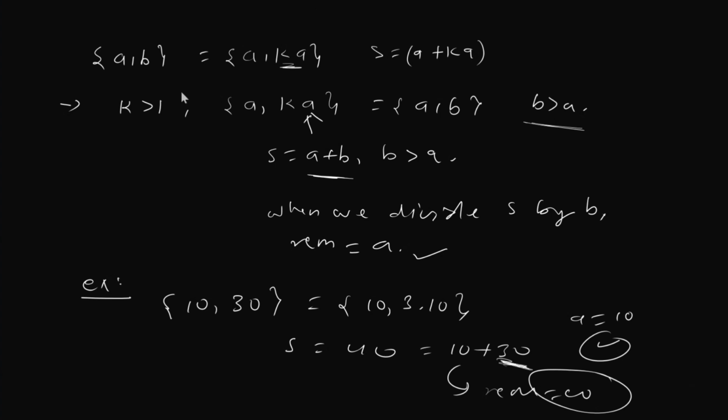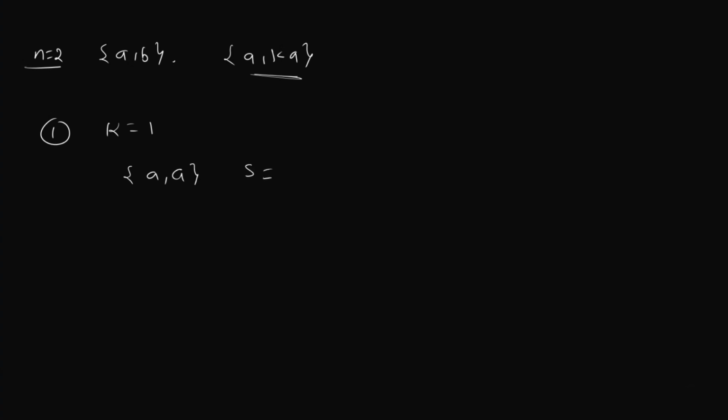So what other value can we have? Now, to build an array of size 2, what else can we have? a comma ka. Let's think about what happens when k equals 1. The array would become a comma a, and we will end up with sum 2a, and this is divisible by a.